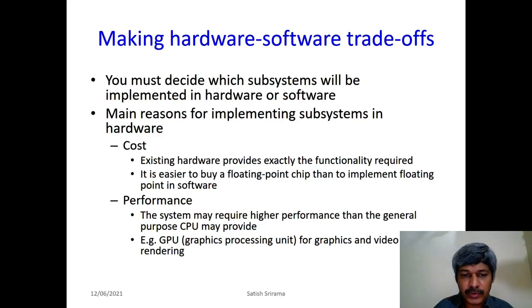Doing it on the CPU would be really bad. Today we have GPUs, graphics processing units, which provide better performance in dealing with graphics and video rendering. So for those subsystems which deal with that processing, you will run them on that particular hardware. These sort of design decisions are to be taken care of in the system design.